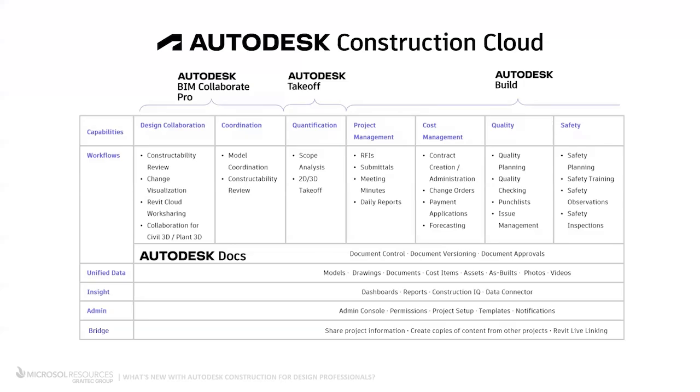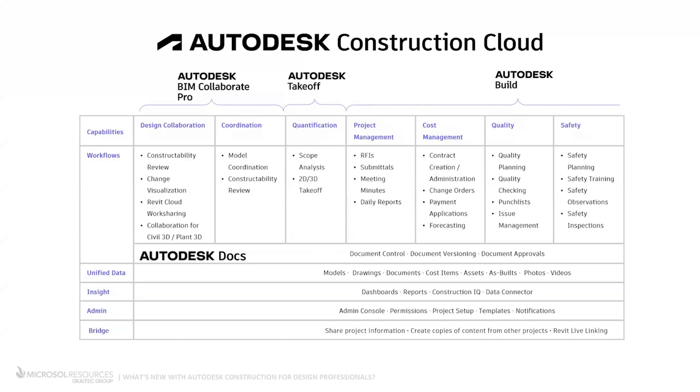So when we look at the Autodesk Construction Cloud, BIM Collaborate Pro and Autodesk Docs stand out as the backbone of design collaboration. BIM Collaborate Pro empowers the team to co-author models in Revit, Civil 3D, or Plant 3D. Meanwhile, Autodesk Docs provides a single source of truth with version control, markup tools, and approval workflows. Together, they connect your design intent to the entire project lifecycle.